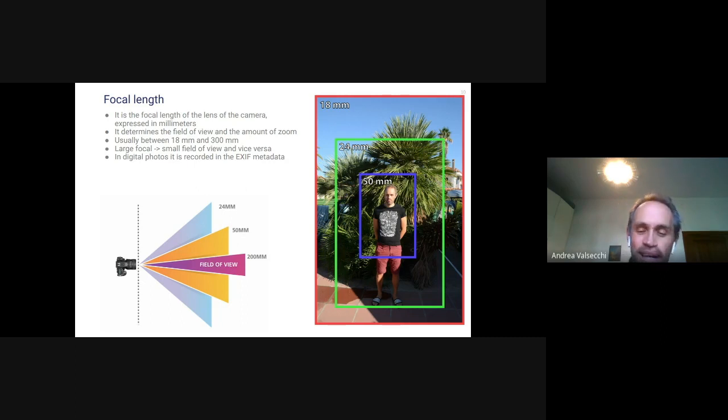You will see why later. I think this picture of me clarifies pretty well. And I want to mention that in digital photos, you can check the focal length of a picture by checking the EXIF metadata. Usually digital pictures have metadata, and focal length is one of them.